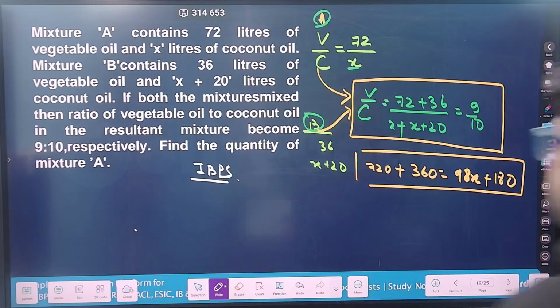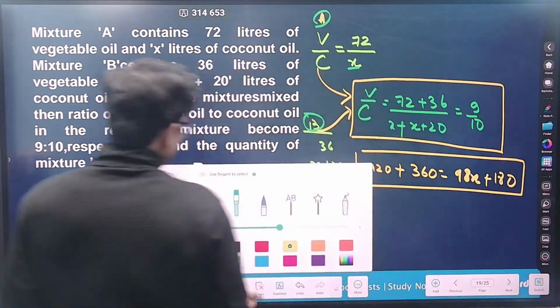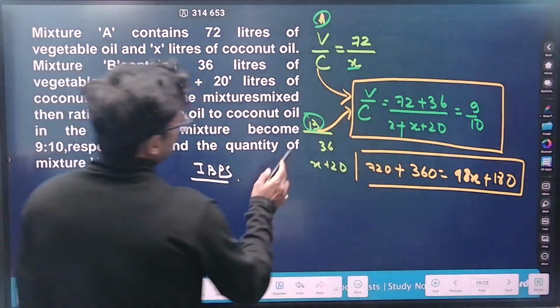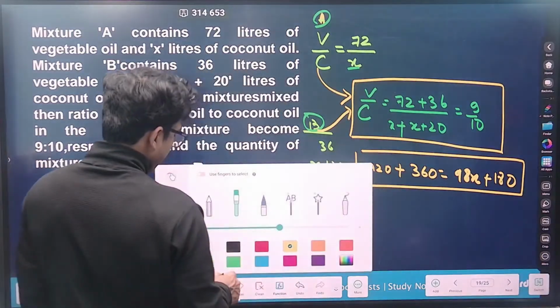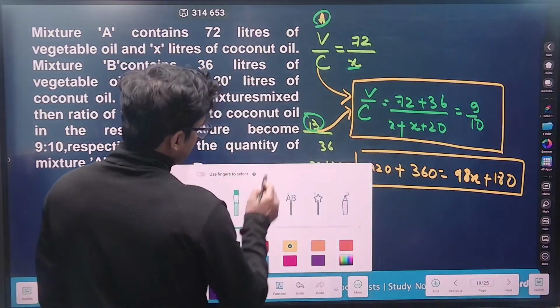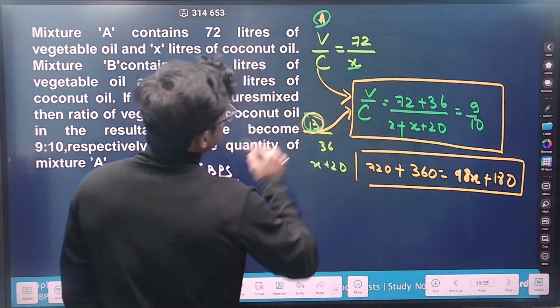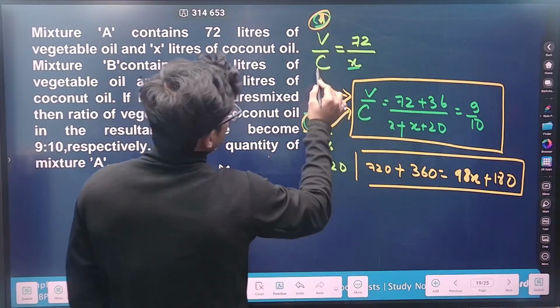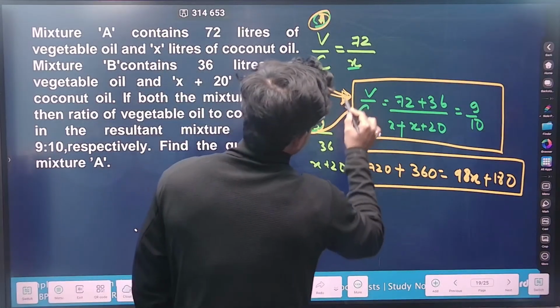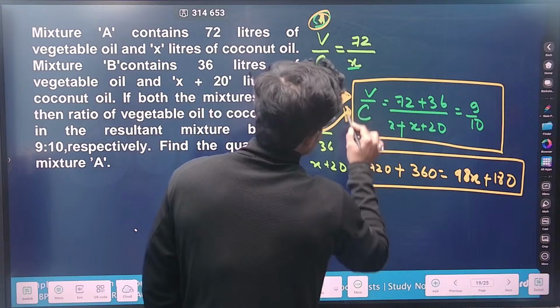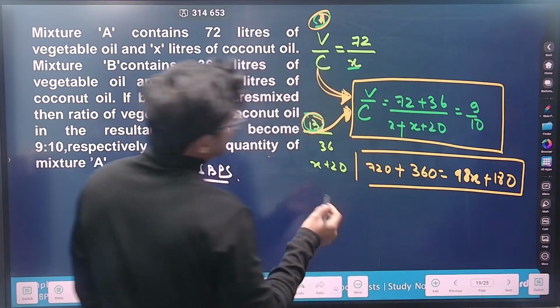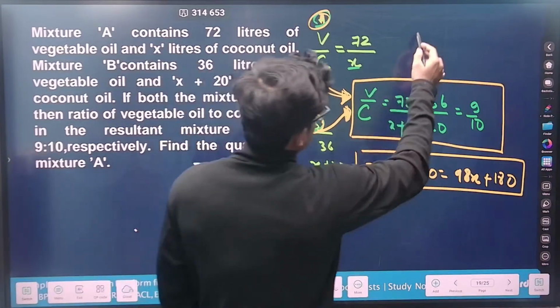See what I am saying, again I am saying what I did here, everyone. This is my mixture B, this is my mixture A. Both are getting mixed into this one, and the resultant becomes this one.